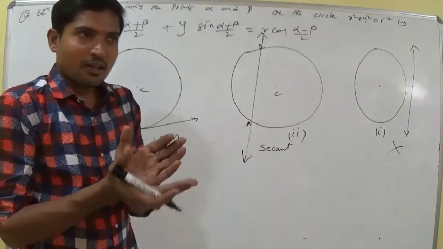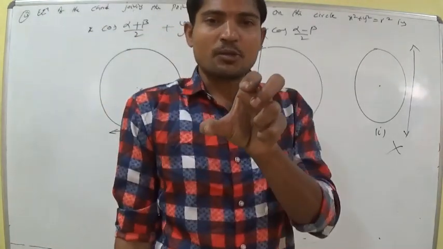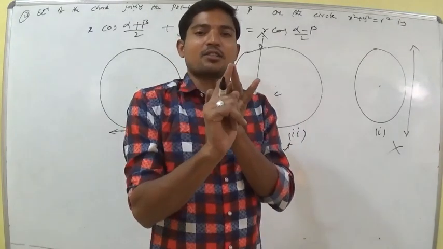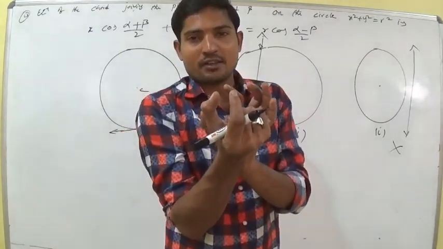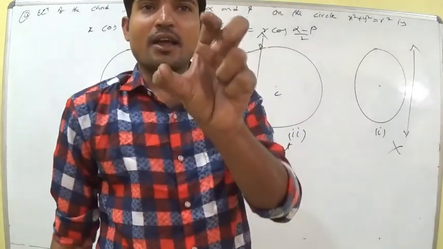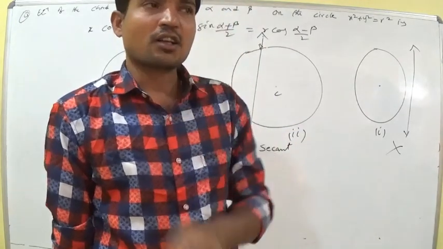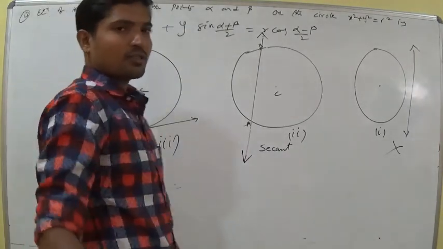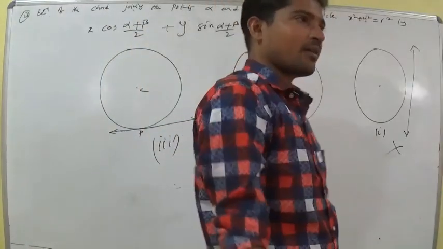That means here two coincident points: one is the circle's point and another one is the line's point. Those coincide with each other, then that is called the point of contact. Suppose P is a common point of the circle and, at the same time, the line.